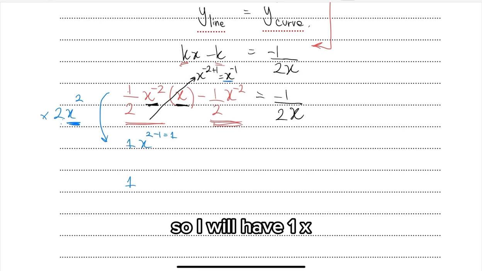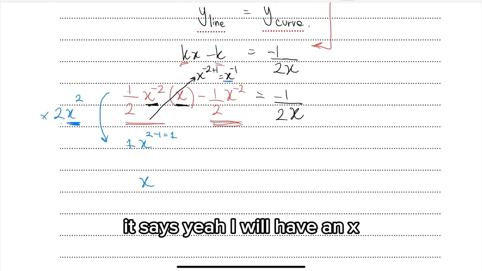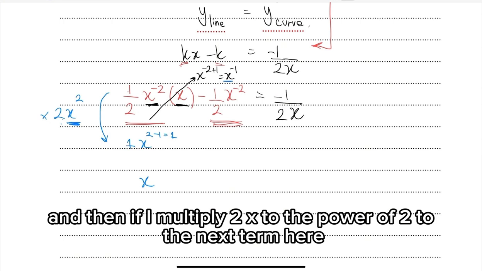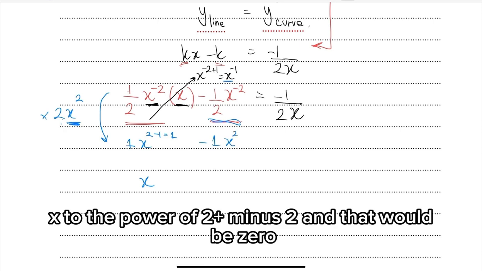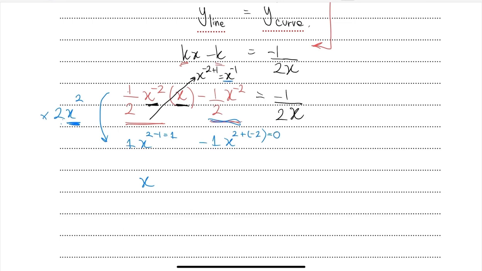So I will have an x. And then if I multiply 2x to the power of 2 by the next term here, I will have minus 1 times x to the power of 2 plus minus 2, and that would be 0.